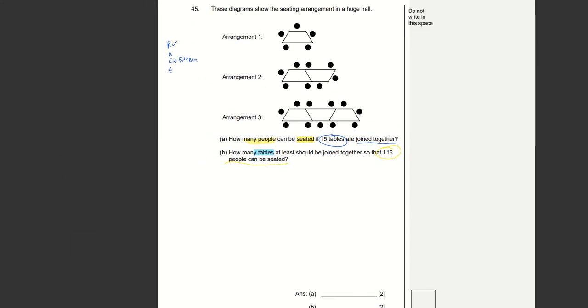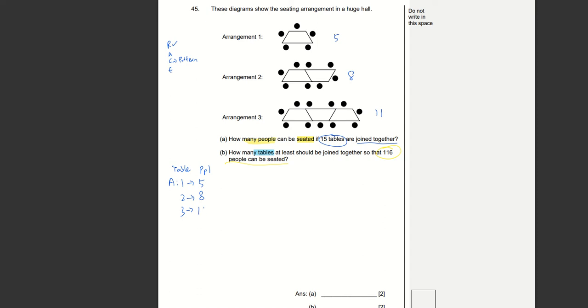Okay, a few methods. Let's go with arrangement 1, that's table 1. I can count 1, 2, 3, 4, 5. I got 5, so arrangement 1 has 5 people. So this is table number, and then people. Arrangement 2, I get 1, 2, 3, 4, 5, 6, 7, 8, and then arrangement 3, 8, 9, 10, 11.